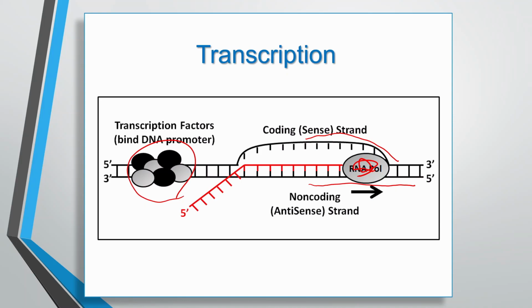So these other proteins lay down and bind on the DNA and kind of make a little nest for RNA polymerase then to bind there. Transcription factor 2H, one of these 5 transcription factors, has helicase activity.